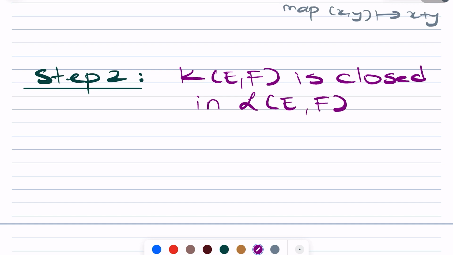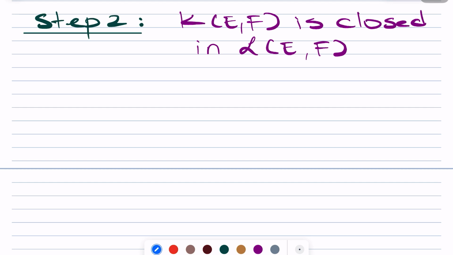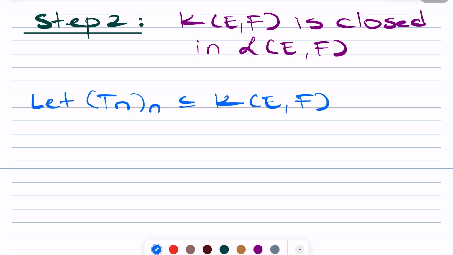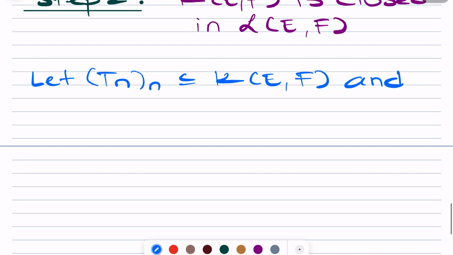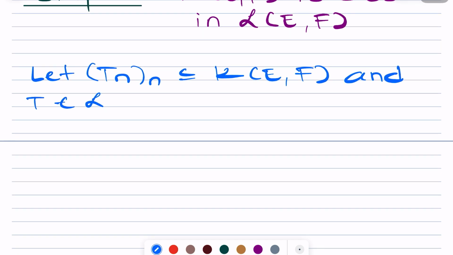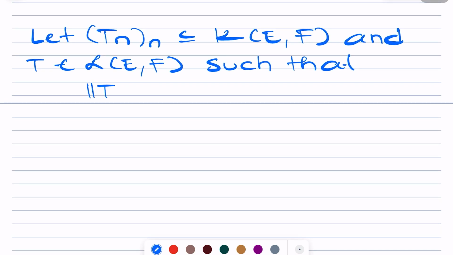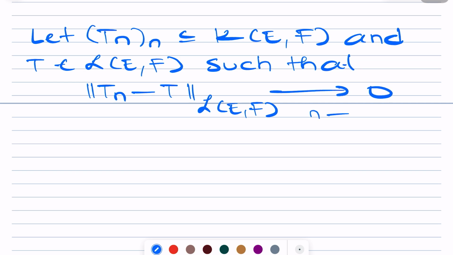For that, let T_n be a sequence of compact operators, and say you have T a linear bounded operator from E to F such that T_n converges in operator norm to T. So the norm of T_n minus T goes to 0 as n goes to infinity.